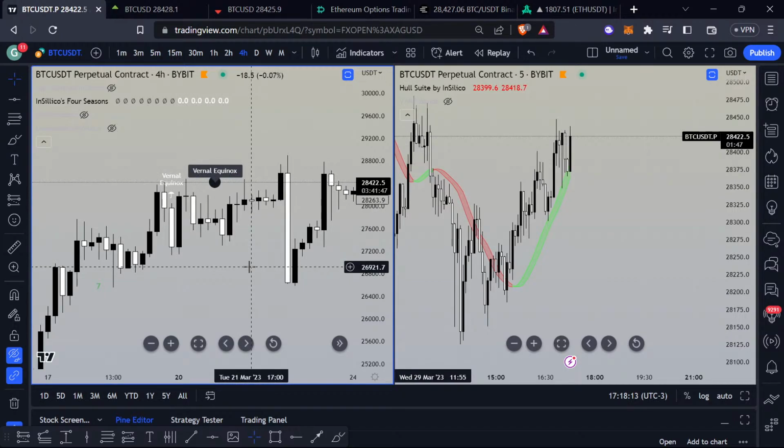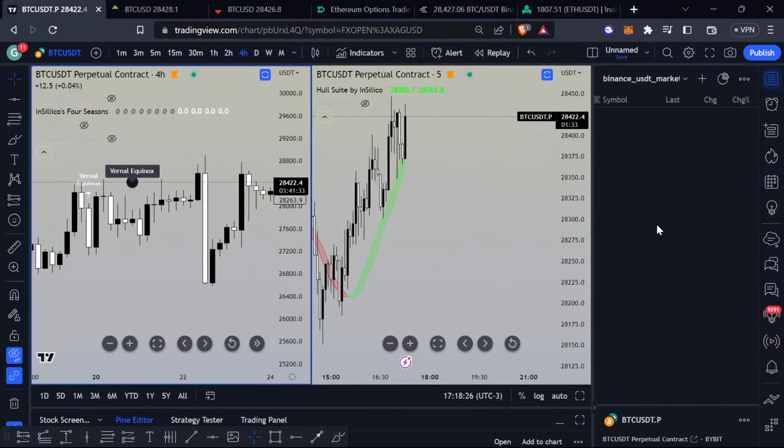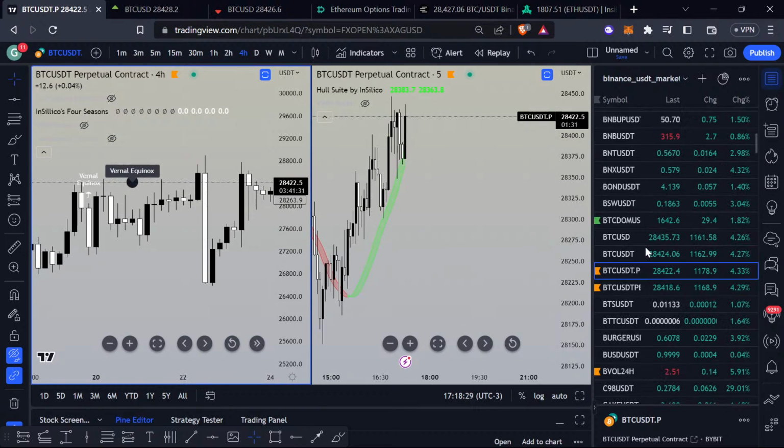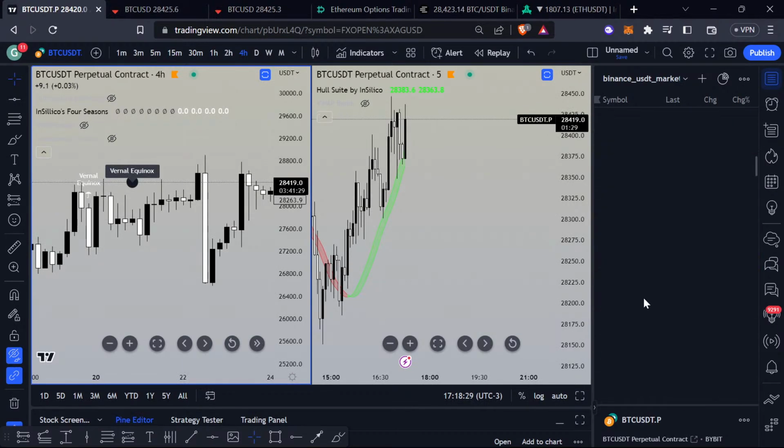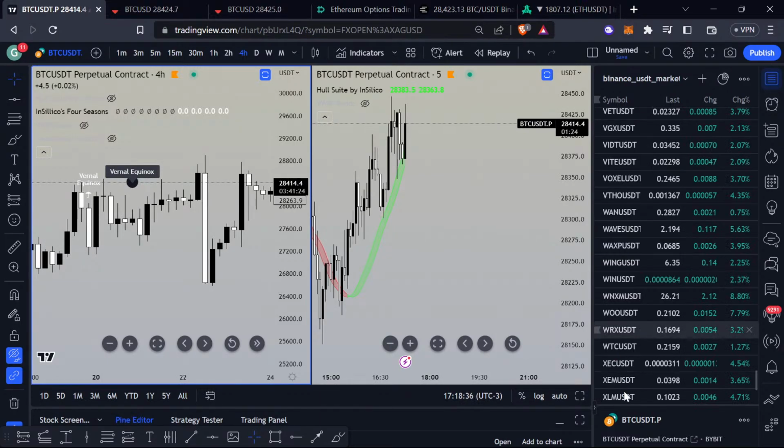I think those are the ones that have been giving me more consistent results, let's say. But I was able to catch a really nice short on, I don't remember when was the last time, on Wi-Fi. I think I still have it on the chart.